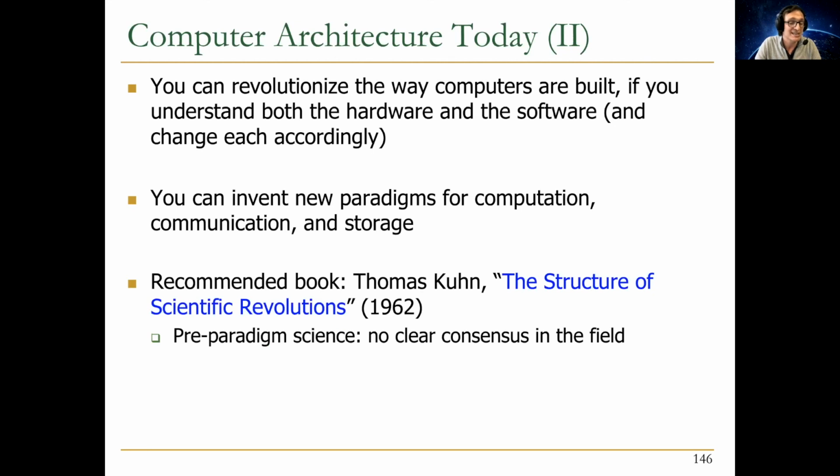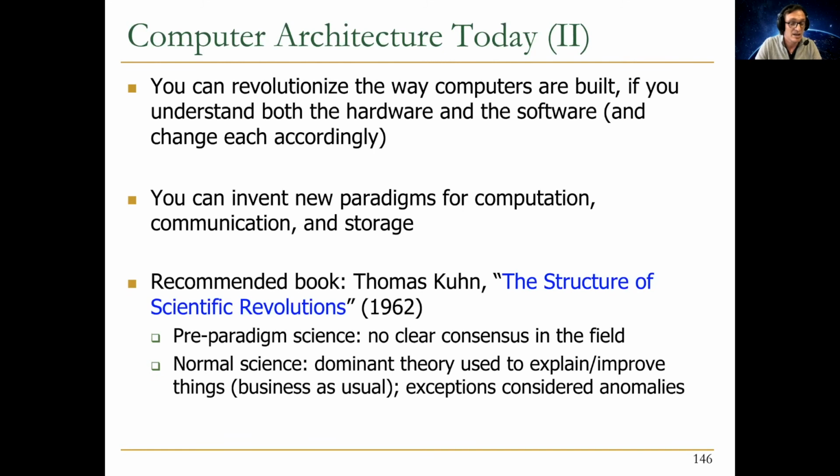there are some cases where science is not satisfactory because there's no clear consensus in the field. Scientists try desperately to find something that explains the phenomena, and hopefully they would like to be in normal science, where there's a dominant theory that's used to explain things, business as usual. For example, the Earth revolves around the sun, right? This is something that we take for granted. This was not something we should have taken for granted if we were living 800 or 1,000 years ago.